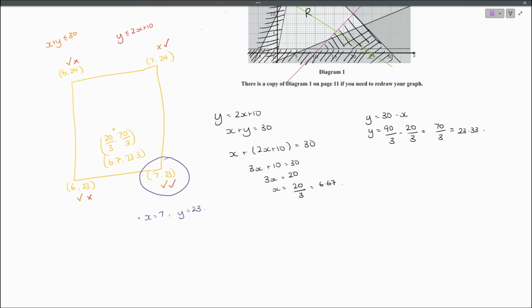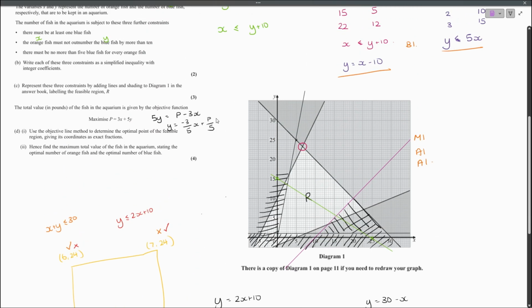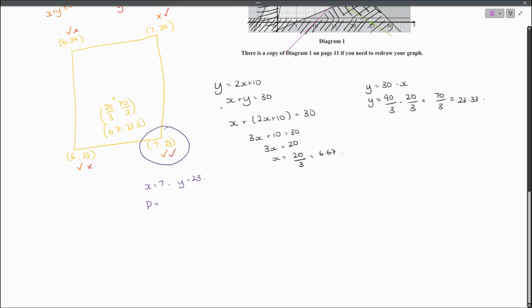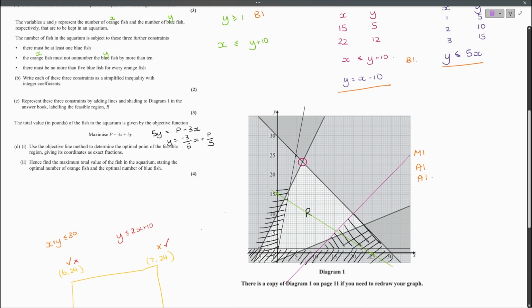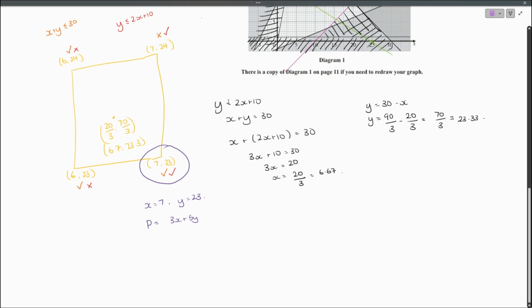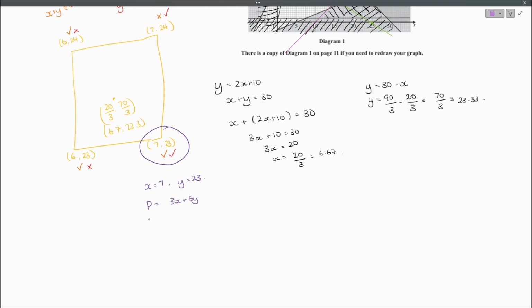And in that case, our profit, we're assuming this is profit. Does the question actually say this is profit? It does, the total value of a fish. So we're wanting to maximise the value. P is equal to 3x plus 5y. Yes, it is. So we can substitute in our x and our y.